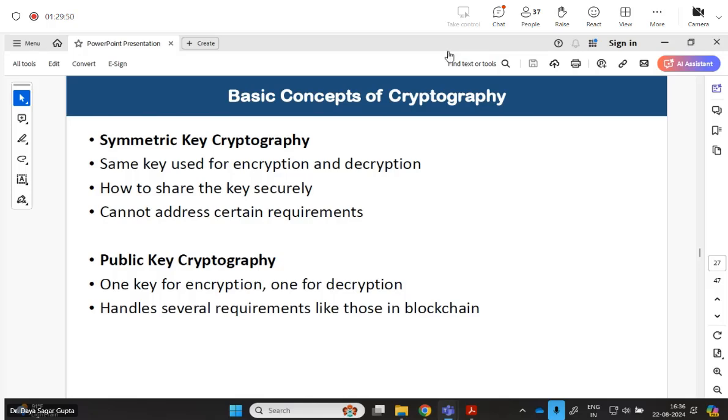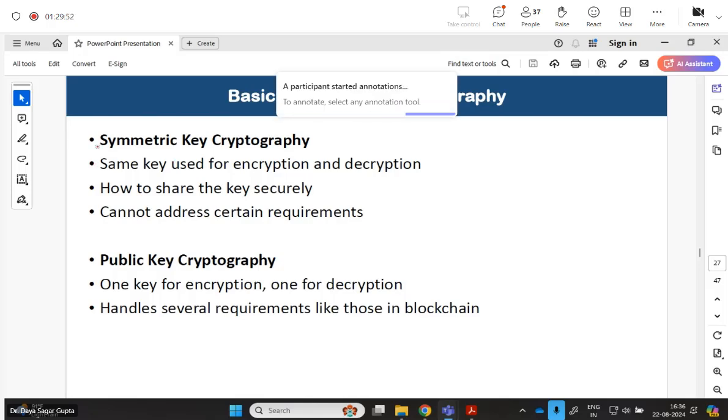Basically we have two types of cryptography. One is called symmetric key cryptography and another is called asymmetric key cryptography.